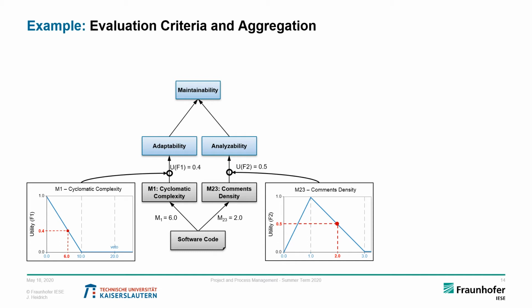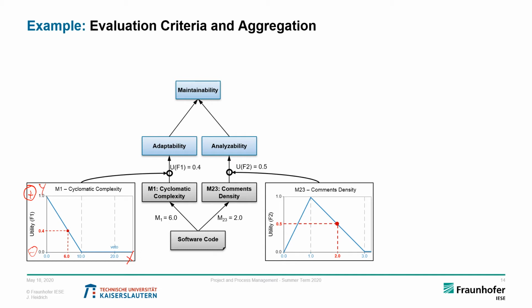You see the utility function maps this metric value to a scale from 0, which is in this example the worst situation, to a 1, which is the best situation. On the y-axis, we find this transformed value based on the utility function, and on the x-axis, we have the cyclomatic complexity values.